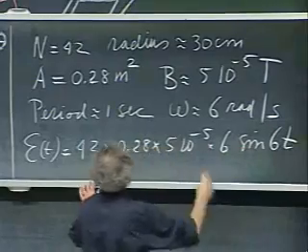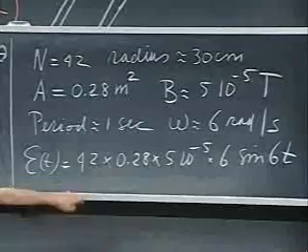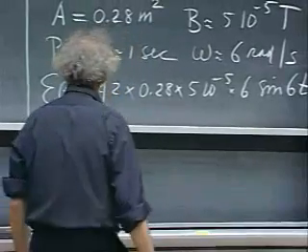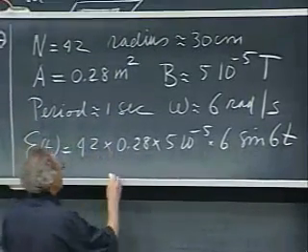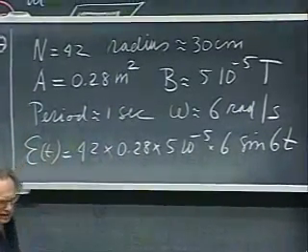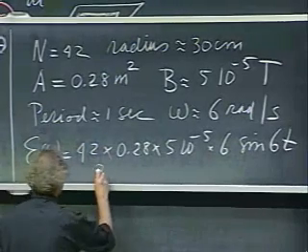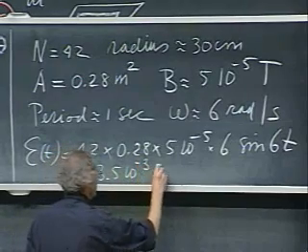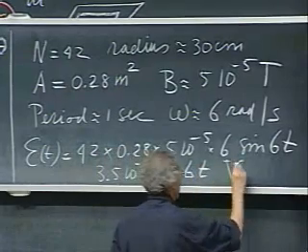You see the equation there. The only difference is we have a capital N now here because we have N windings in the closed loop. And this number here in front of the sine 6t, you should check that, is about 3.5 millivolts. 3.5 times 10 to the minus 3 times the sine of 6t, and that now is in volts.